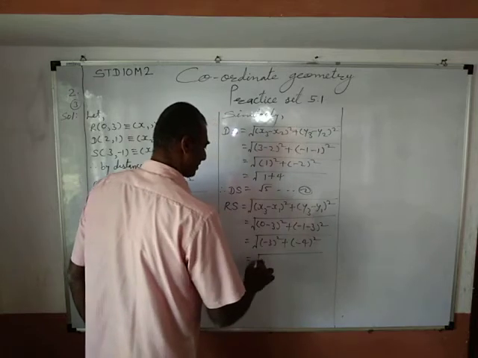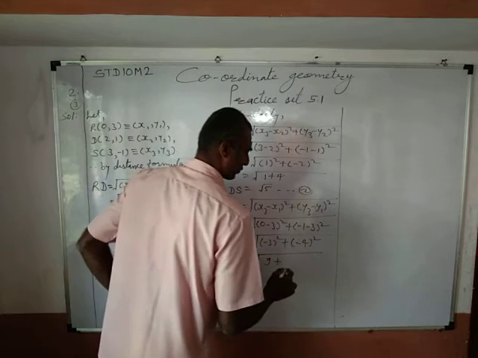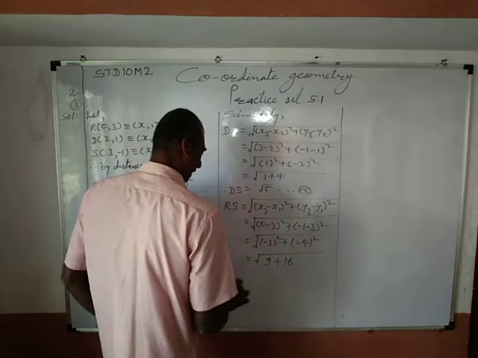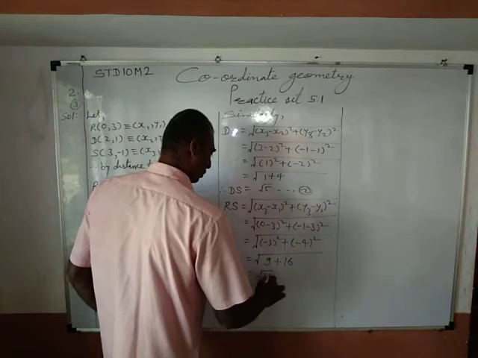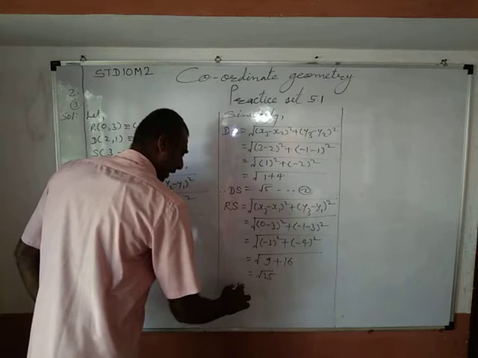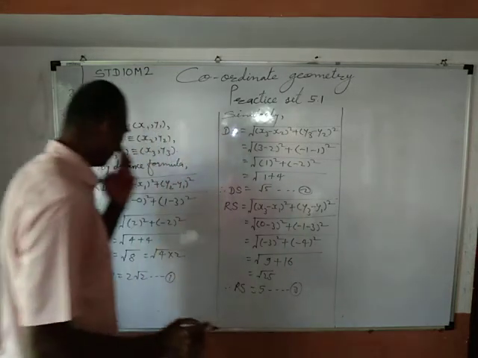Square of minus 3 is 9 plus square of minus 4 is 16, equals under root of 25, and therefore RS equals 5. Equation third.